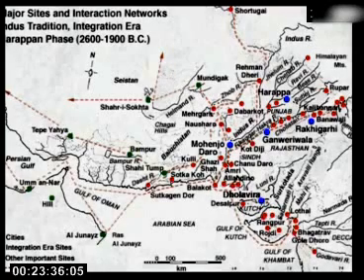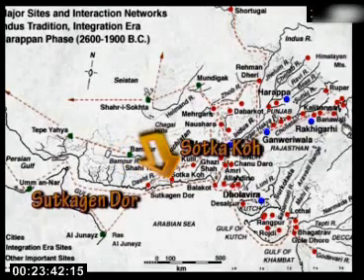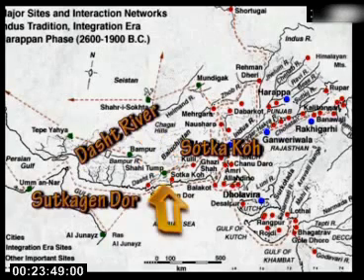Now, another important site is Sutkagendor. Close to Sutkagendor is Sotka Ko. You can find both these places on the map. This is on the Dasht River near Pakistan's frontier with Iran. And close to Sutkagendor, there is a fortified enclosure.